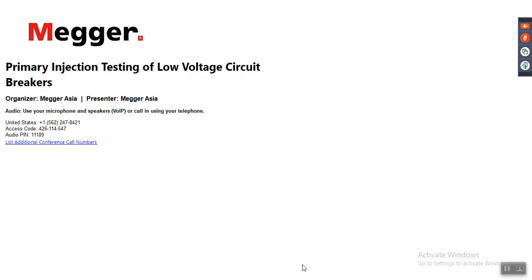But you also need to do, like this slide explains, an insulation resistance test to make sure there is no leakage, no bad insulation on the circuit breaker. So actually there are many tests to be done to verify the breaker condition.